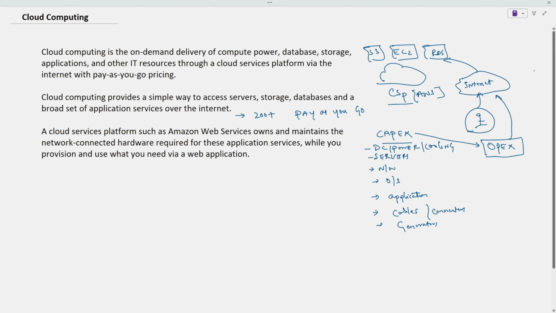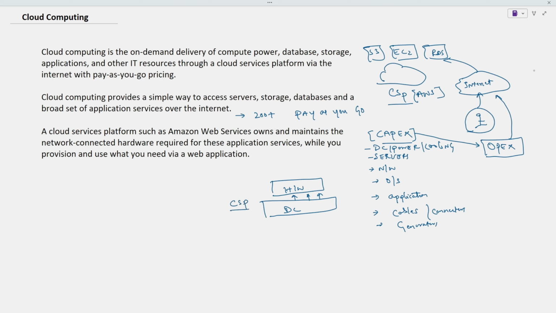So when we move from capital expenditure to operational expenditure, who is going to manage and maintain the infrastructure? We have the infrastructure, which will be hardware, located in the data centers, right? All the hardware, networking components, everything will be managed and maintained by the cloud service provider.